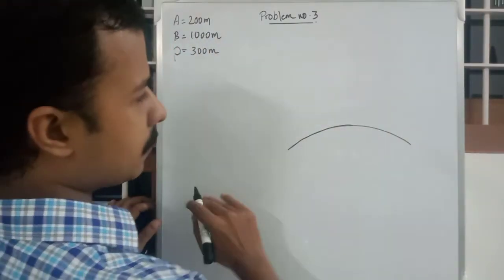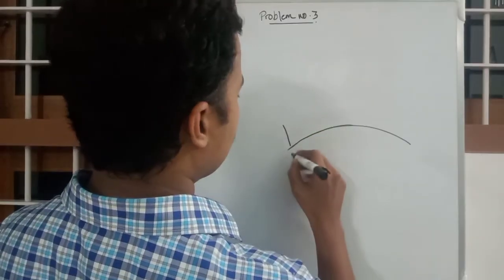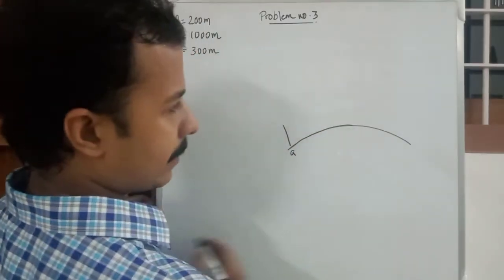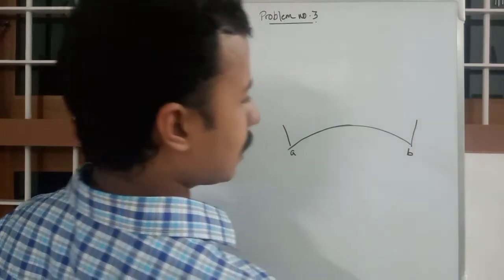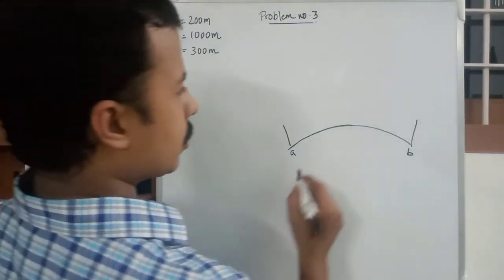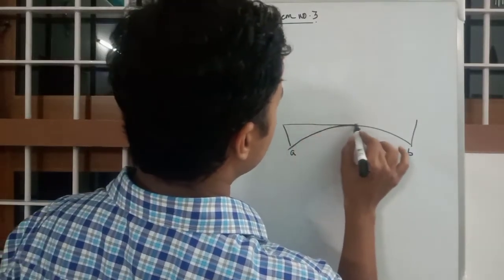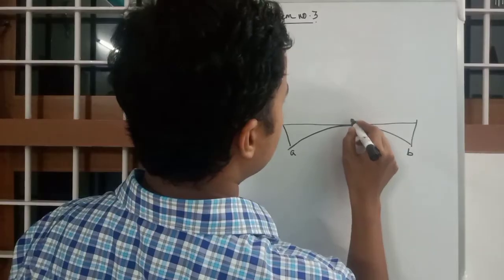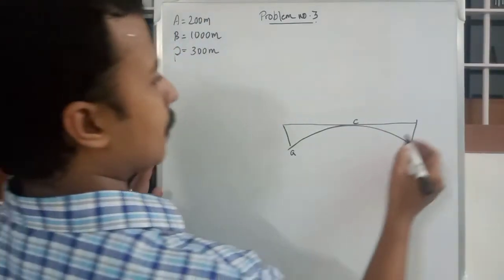If this is the surface of Earth, we will call this point A, and this point B. Ground points are marked with small letters, and this is the line of sight, and this point is C, the point of tangency.